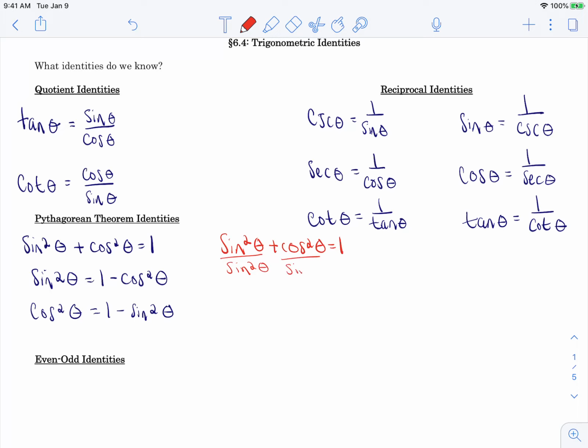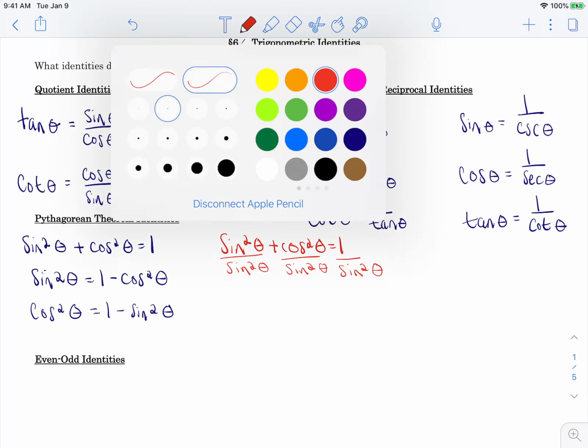Every single term. We can divide it by whatever our heart desires. I'm just using strategy because I know what I should end up getting. But remember, if it's an equation, we have to divide absolutely every single term by the same thing, otherwise it's no longer equal.